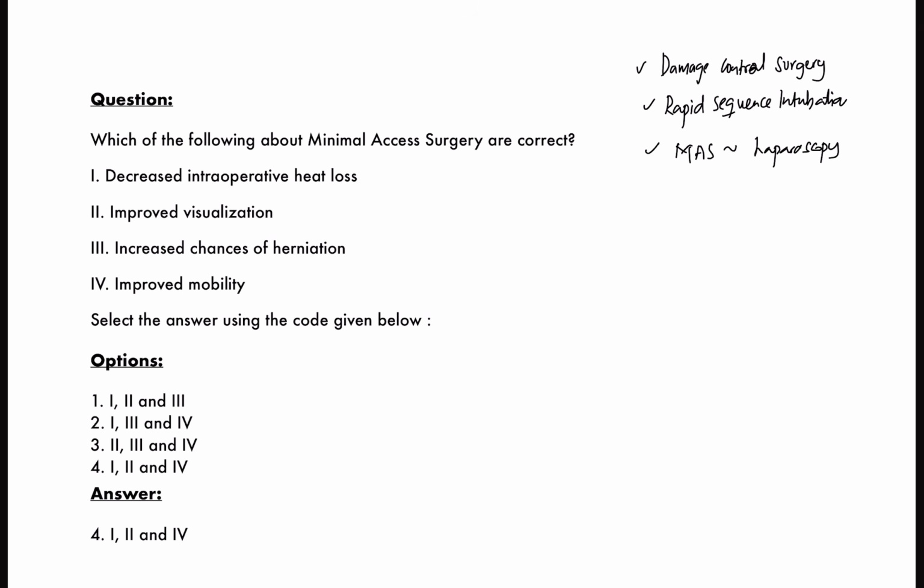See, minimal access surgery is a product of modern technology. We have so many modern instruments, modern surgical innovations happening in the field of general surgery, which gave rise to this new branch known as minimal access surgery. The biggest advantage of minimal access surgery is you're using laparoscopes. That means you will have decreased wound size in general. So we are not doing laparotomy or a big opening in the abdomen or somewhere else. And also it reduces risk of infection.